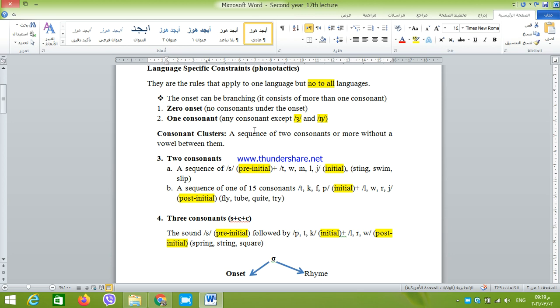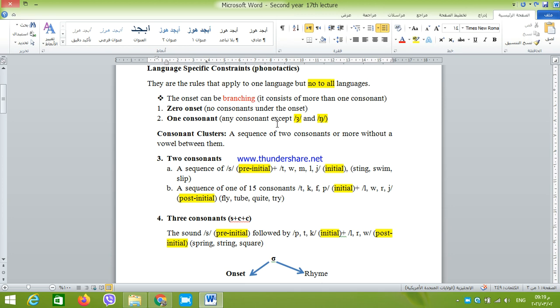Any consonants that precede the vowel in a syllable is or are called the onset. Okay? So, can we have a branching onset? Branching. When we say branching, we mean, can we have more than one consonant under the onset position?